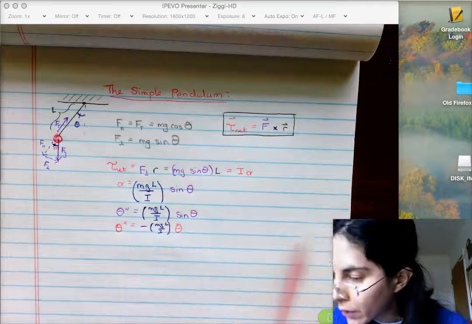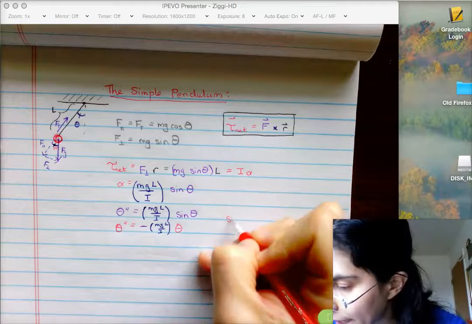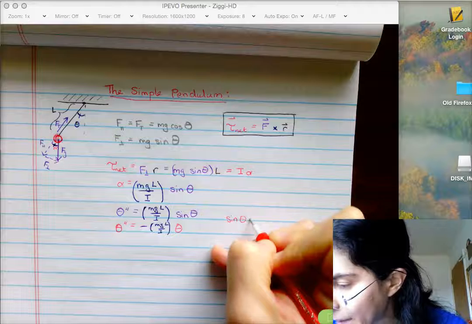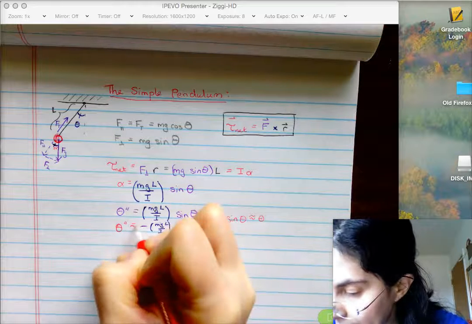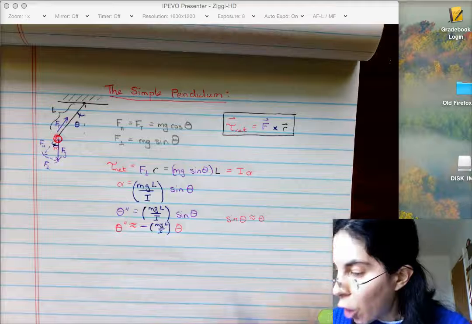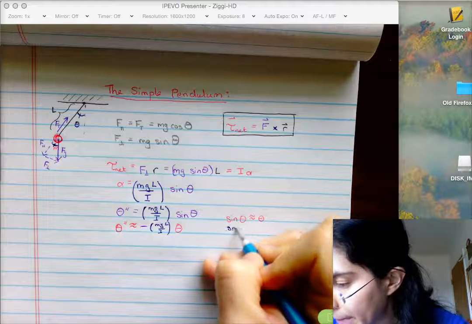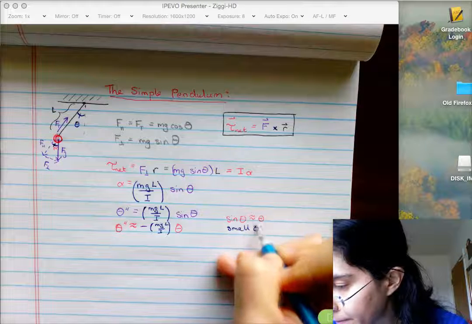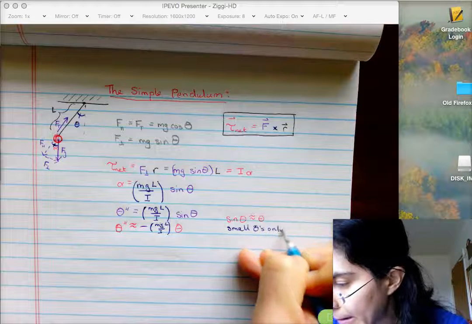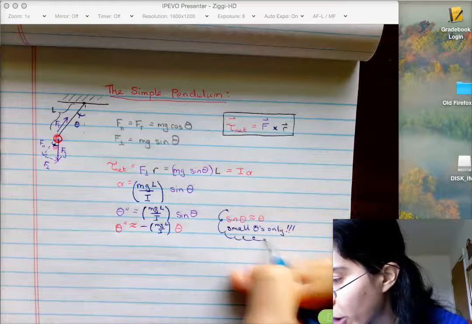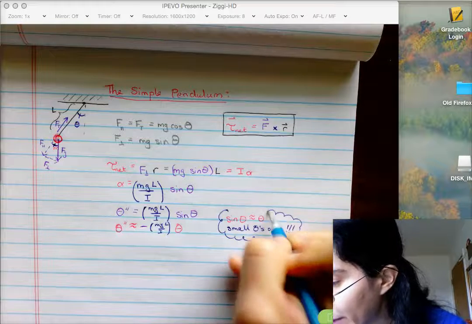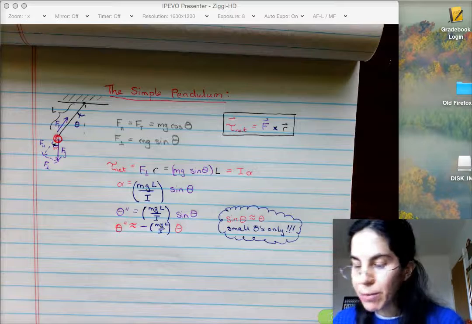Why could we do this? Why could we say that sine theta is approximately equal to theta? Only for small angles. How small? Let's get a formula, and you'll measure how small.